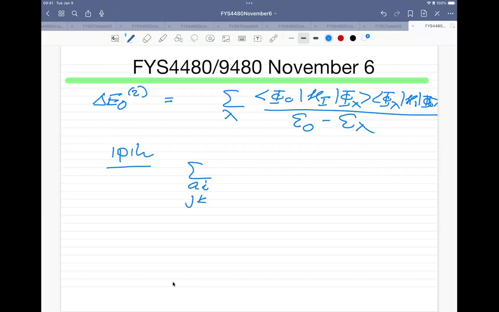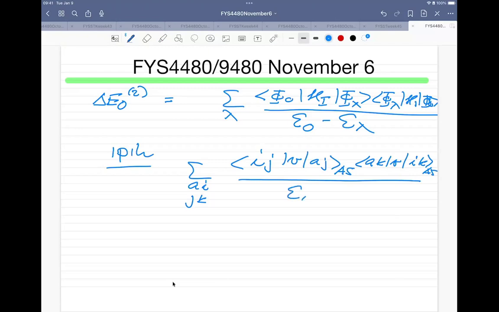And what we ended up with then was a sum over these specific states, we have an interaction piece, we have an A and J, and then we have an anti-symmetrized matrix element, we have an A and K, again the interaction piece, and then we have an I and K, and this is also anti-symmetrized, and this was divided by the particle energies minus the single hole energy and the single particle energy. That was a term which we label as a one particle, one hole piece.